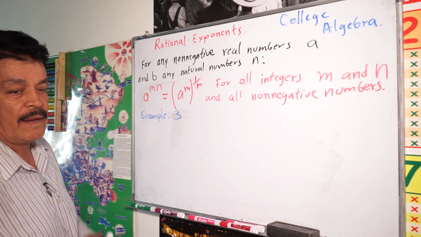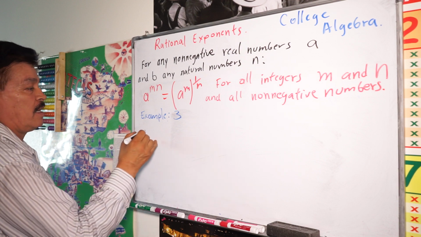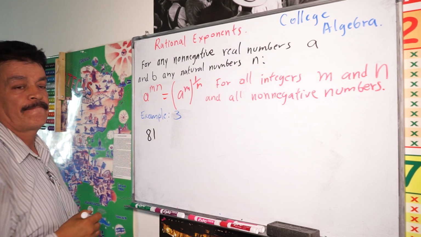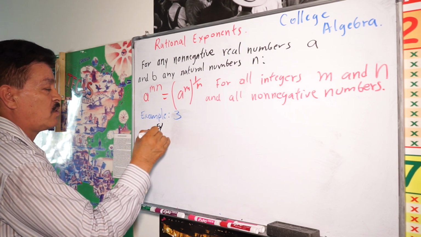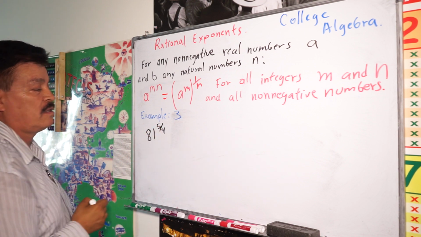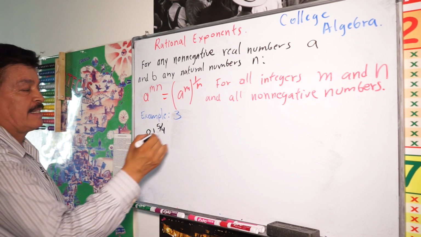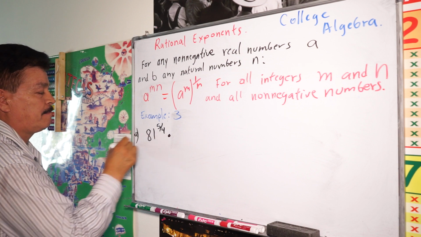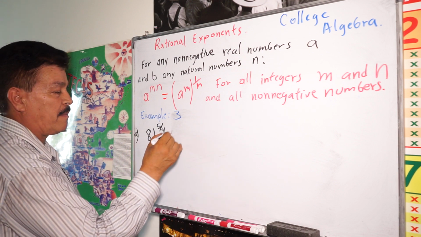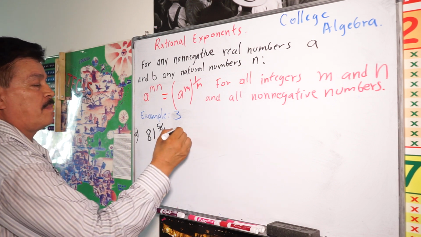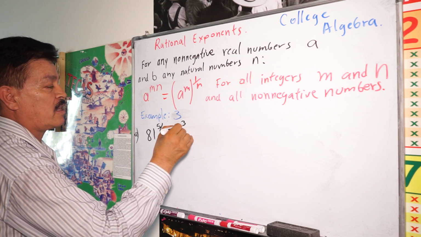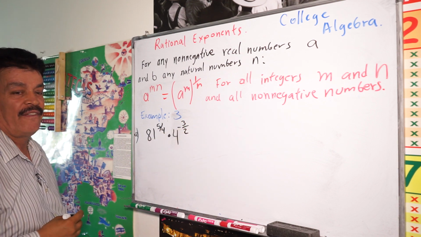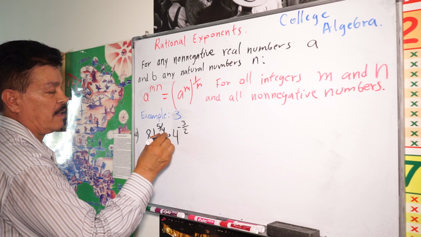In number 3, I have another example. We have 81 to the 5/4 times 4 to the negative 3/2. Yes, this is a multiplication.